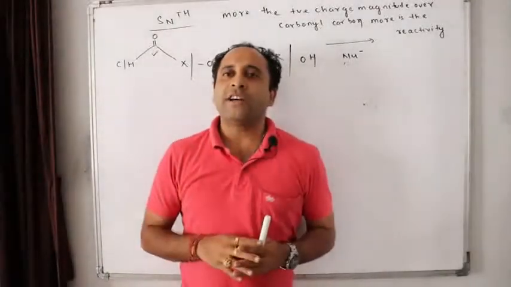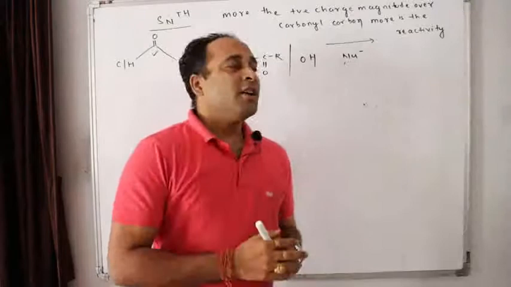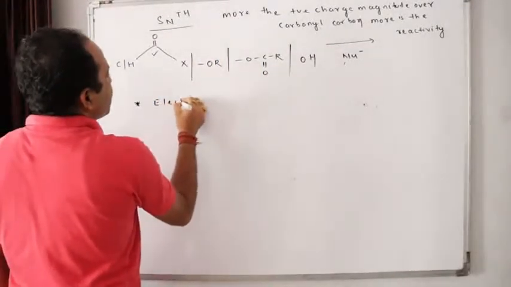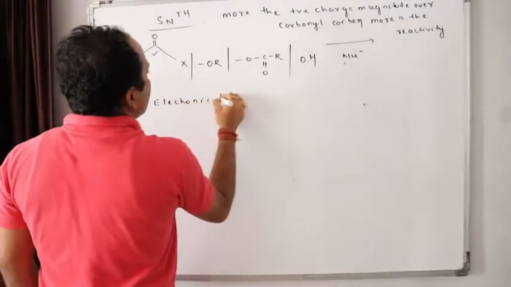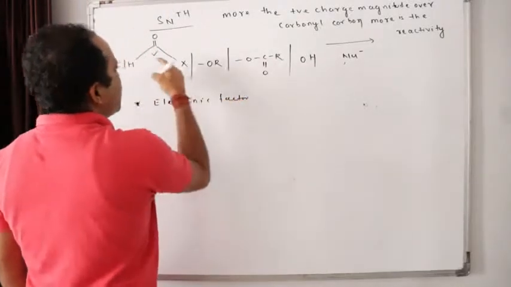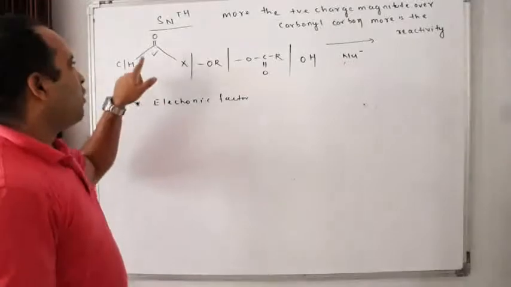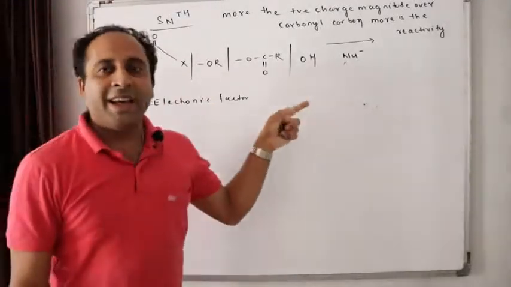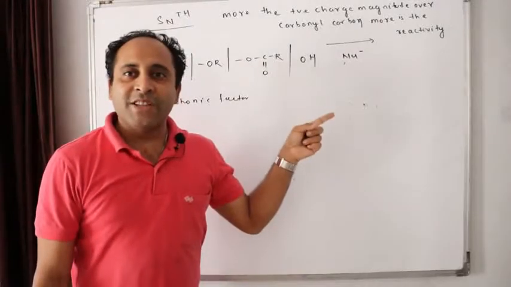The charge over the carbonyl carbon, isn't it? So the first discussion with you was the electronic factor. What is this electronic factor? It tells that the more the magnitude of positive charge over this carbonyl carbon, the more will be the reactivity. So what was the charge magnitude?